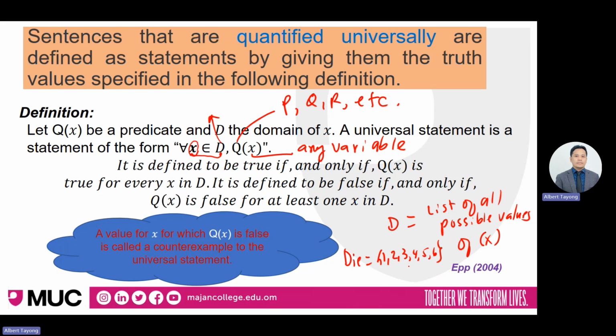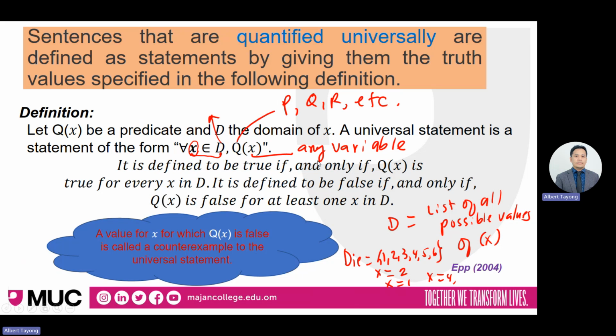So our domain contains all of these: 1, 2, 3, 4, 5, 6. And X could be any value, 2, 1, 4, 5, and so on. That's the meaning of that. So the domain is the list of all the possible values being talked about in the problem. X is any value in that domain.